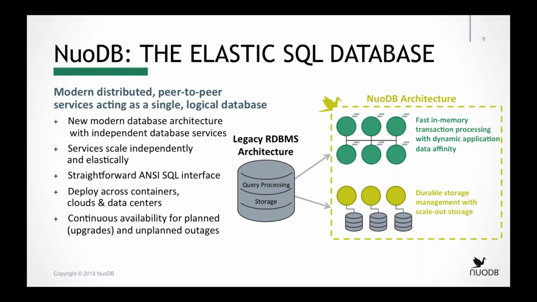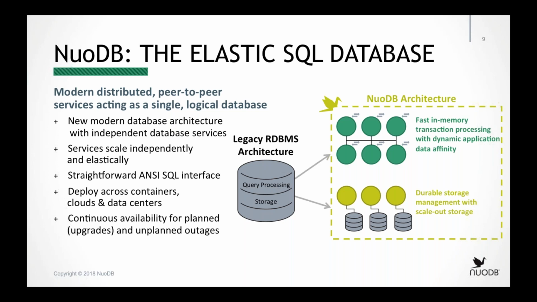The important piece to recognize here is that they scale independently. We have 6 transaction engines, and we could have 1, 2, or 3 storage managers, and that's all up to the design of the application and what best suits the need.